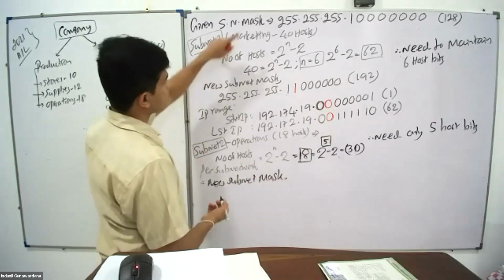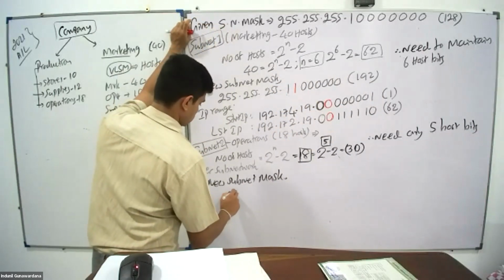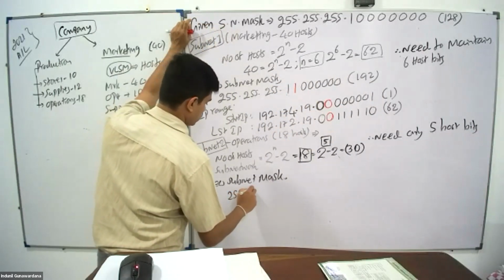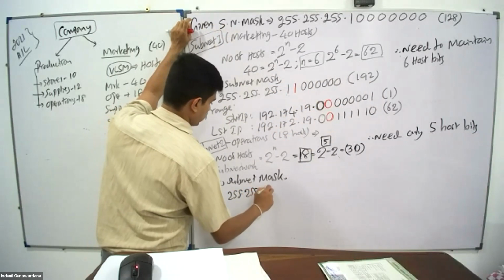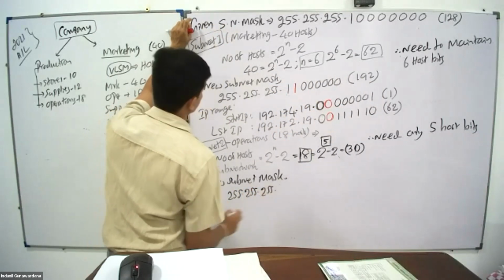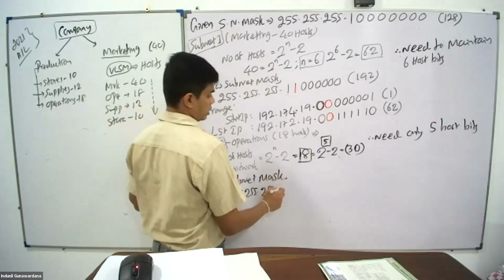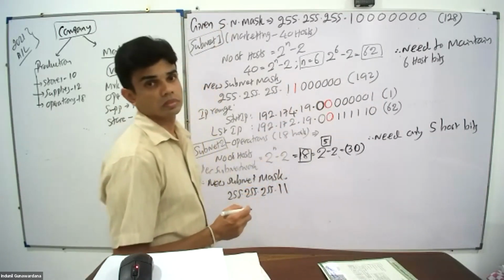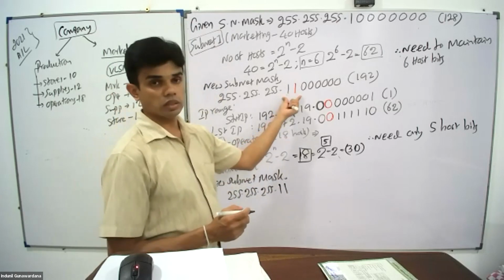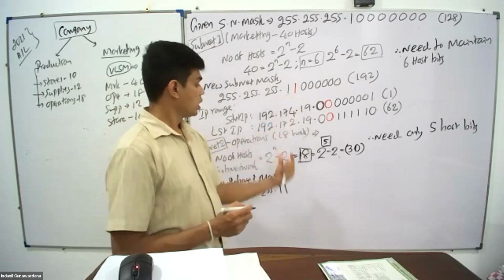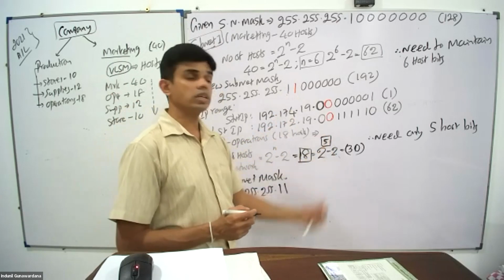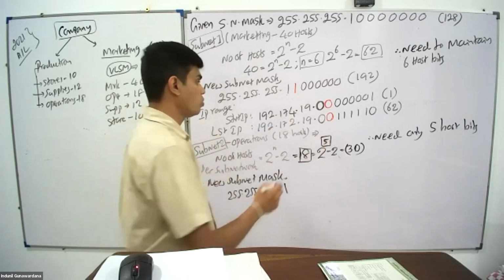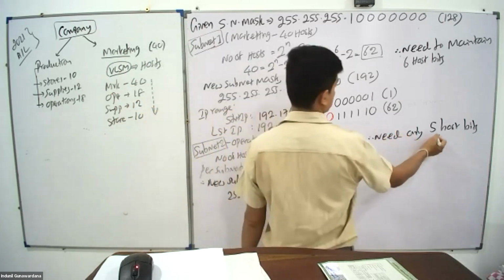The new subnet mask comes like 255.255.255. and this was also there in the first subnetwork. Now that is going to be subnetted to accommodate 5 host bits.